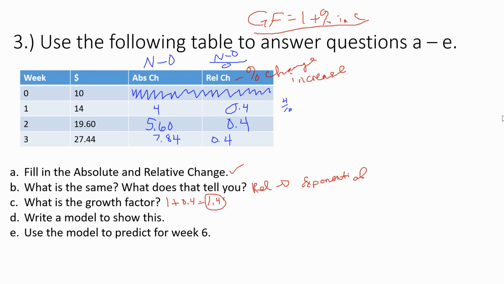All right, so now we're ready to write a model in part D. So we'll kind of walk through this one together. So the model, our ending amount equals, what's the beginning amount? How much did I start with? You started with $10. Started with 10. So that comes first. We just found our growth factor, so that goes inside parentheses.